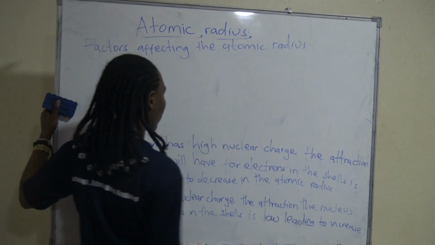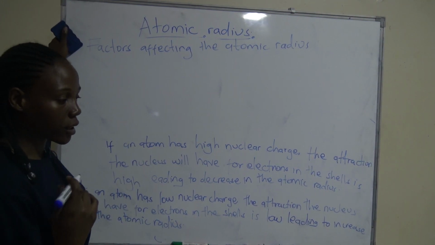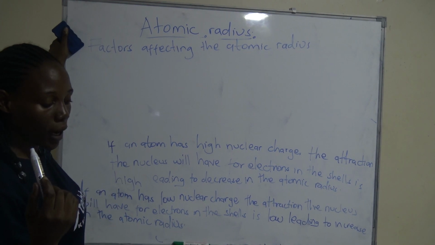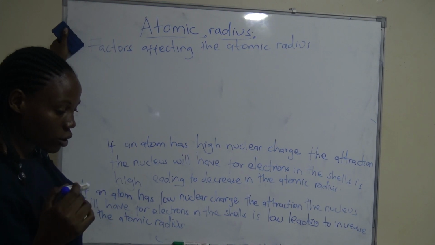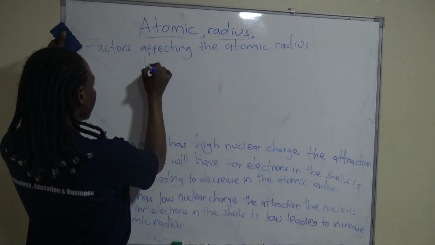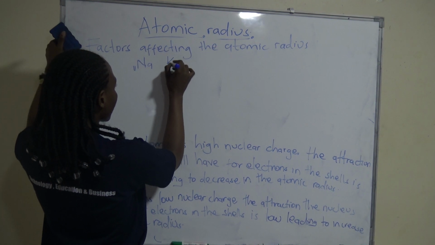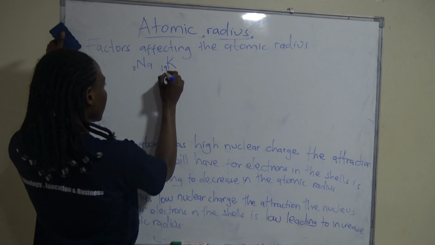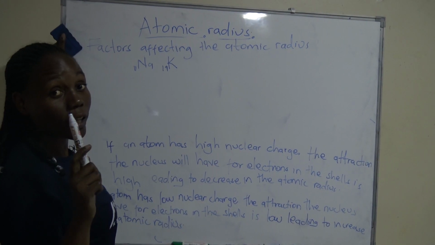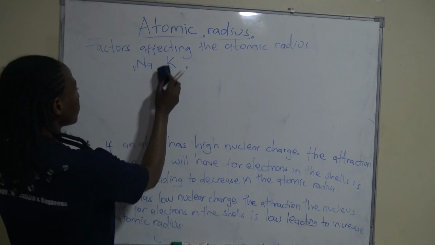When we try to elaborate it, we are saying that if an atom has high nuclear charge, for example, taking examples in group 1 elements, sodium and potassium. Sodium has 11 and potassium has 19. All of them have only 1 electron in their outermost shells.